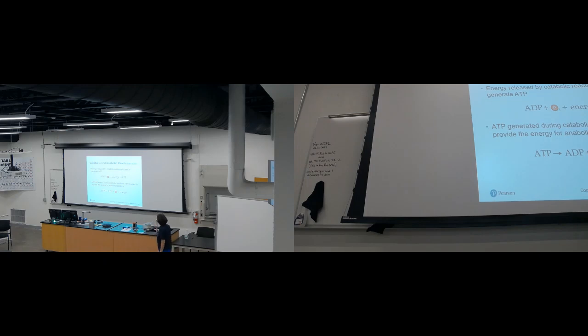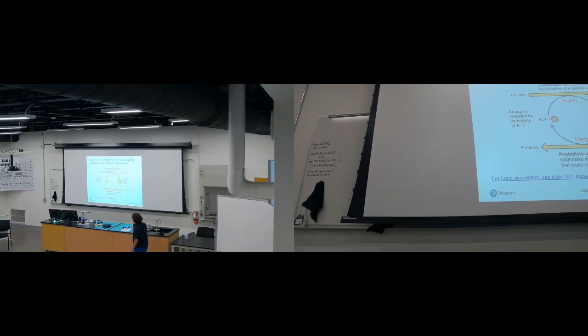Now, ATP can be broken down into adenosine diphosphate, and then you will have inorganic phosphate free, and then you have energy. So these two reactions are coupled, and this is the way it's illustrated.